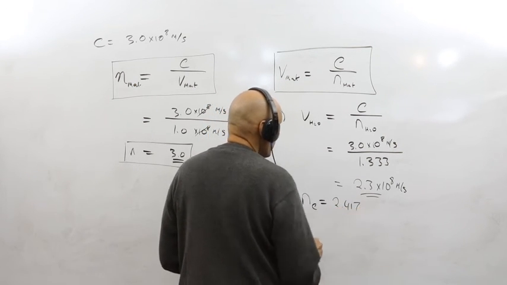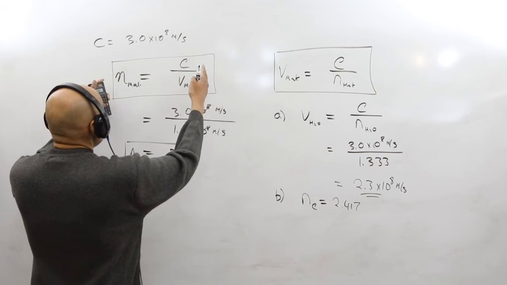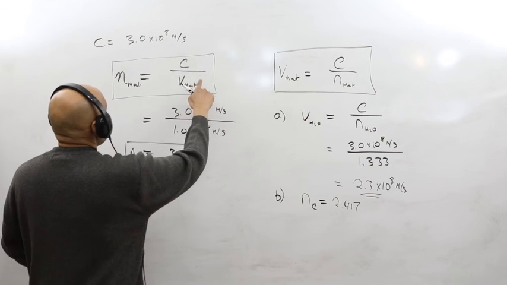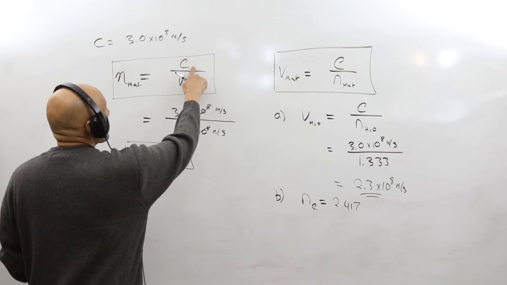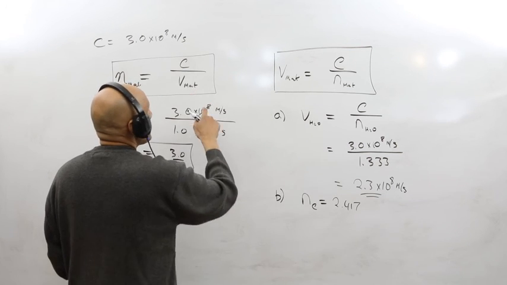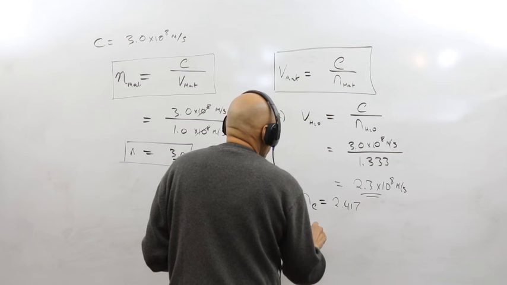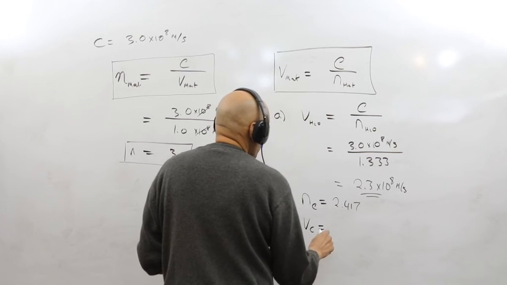Again, we're going to be plugging into our standard equation. The index of refraction is by definition the ratio of the speed of light in vacuum divided by the speed in the material. So we solve for the speed in the material, and we're left with v, the speed of light in carbon.